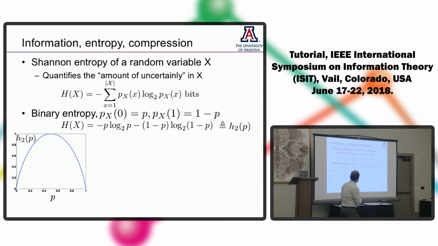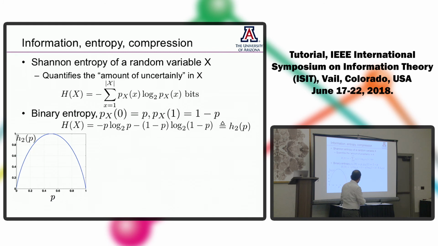We are going to assume that the source is IID, so every time you interrogate the source, you get an independent instance of little x. If the source is binary, meaning it only produces one of two outputs, say 0 or 1, with probability p or 1 minus p, then the entropy is given by the binary entropy function h of p. We are going to use the notation h2 of p as we go forward.